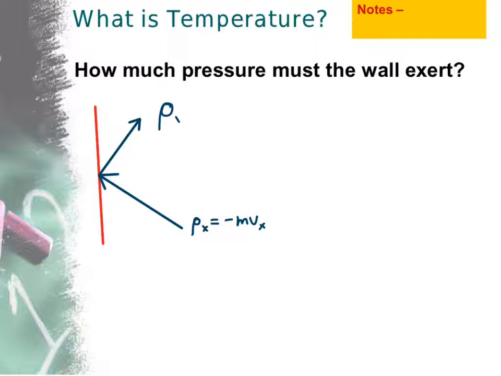The reason behind that is because kinetic energy has to be conserved in an elastic collision. And if kinetic energy is conserved, and I am not moving this wall after the collision, it's going to stay in place, well, that means that this velocity after has to equal the velocity before. That is the only way that I can conserve both momentum and energy.